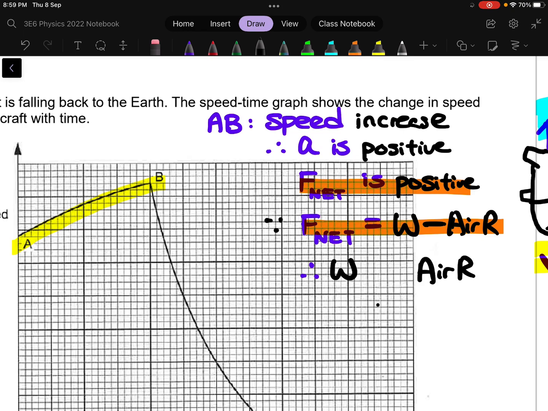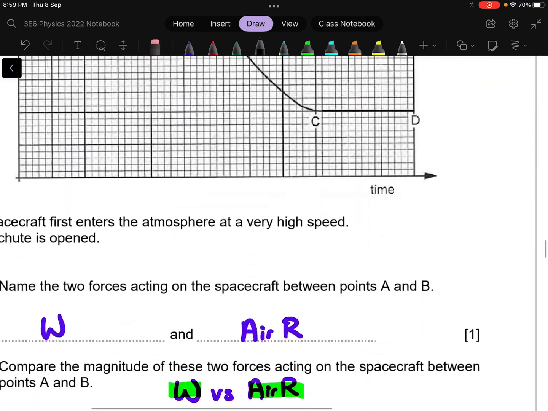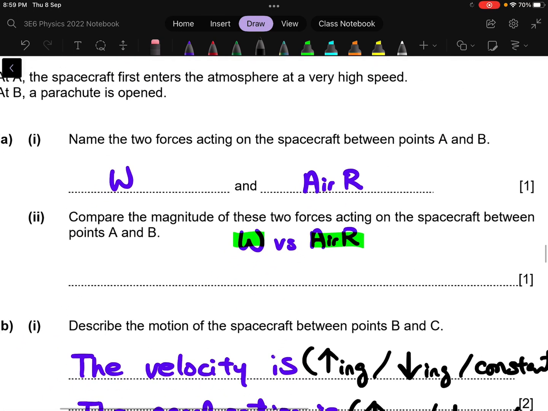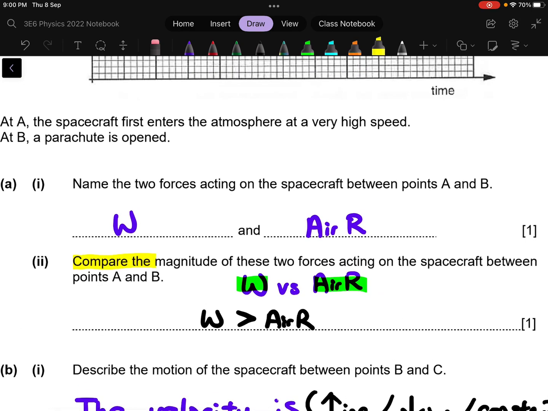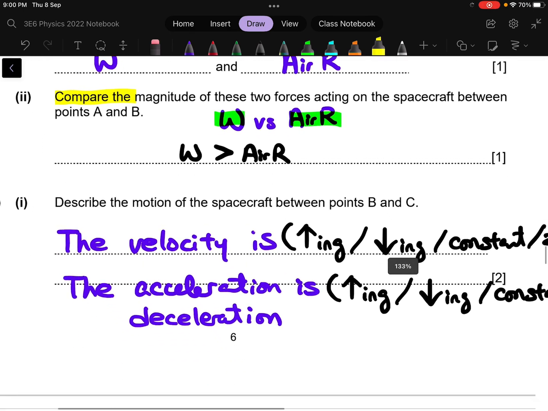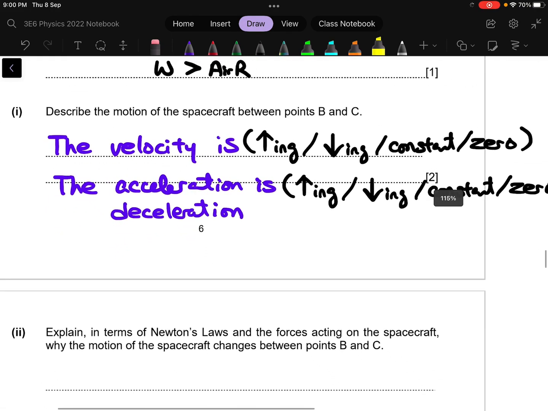What can you say about the magnitude between W and air resistance? Which one is larger? To have a positive value for F net, I hope you can see that W must be larger than air resistance. So in A part 2, I'm expecting the answer to tell me that W is larger than air resistance, right? And you don't need to provide any explanation because the question didn't ask you to explain. I just asked you to compare, and I give you only one answer line.